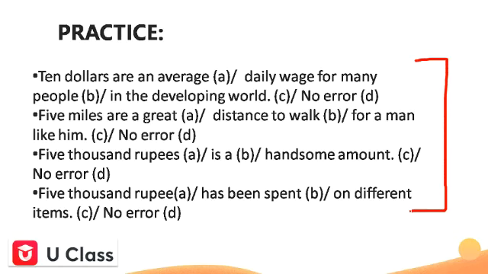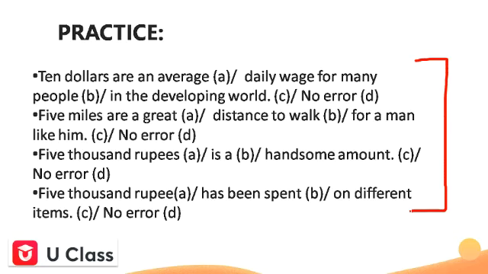Is an average. Very good. Yes, $10 is an average. Next, 5 miles are a great distance to walk for a man like him. Very good. Yes, 5 miles is a great distance to walk for a man like him.